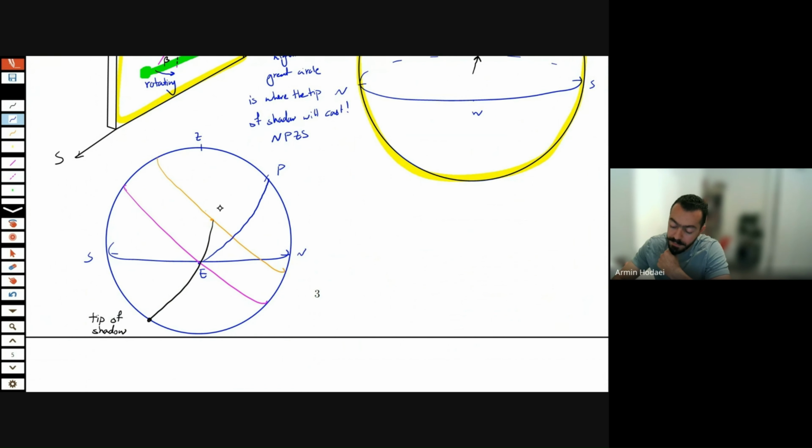Yeah, this is better. So do you guys agree that the only thing that's going to change here is this angle, right? I'm going to name this beta. As the sun moves, this angle is changing. And if that angle changes, it means the shadow is either moving to the left or right here, right?